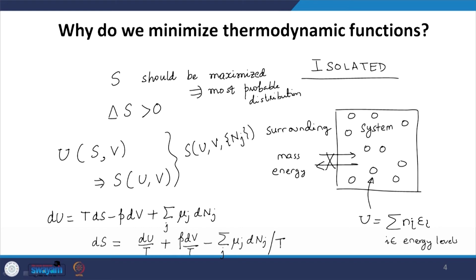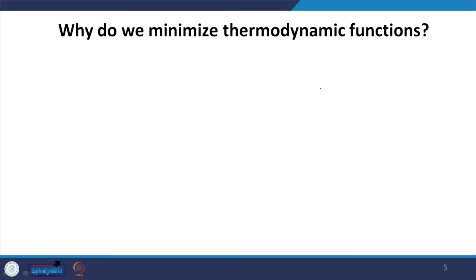Now, let us imagine that the system is not isolated. Let us now take a case when the system is a closed system. And what is a closed system? A closed system is where the system cannot exchange mass.